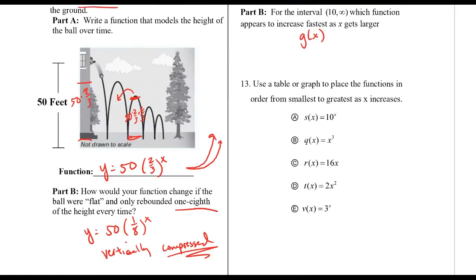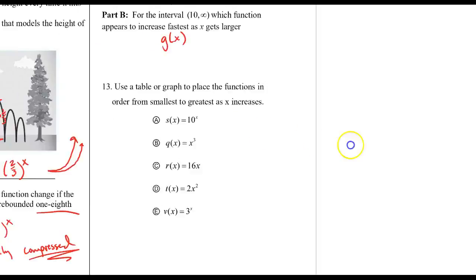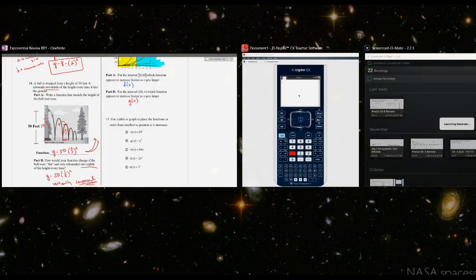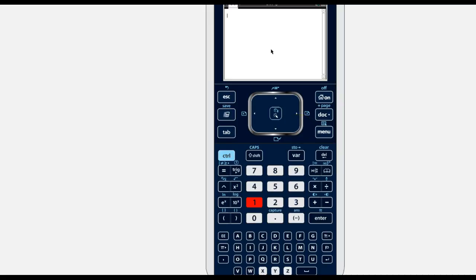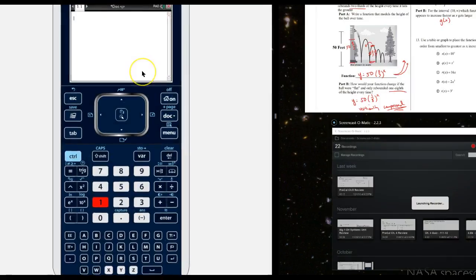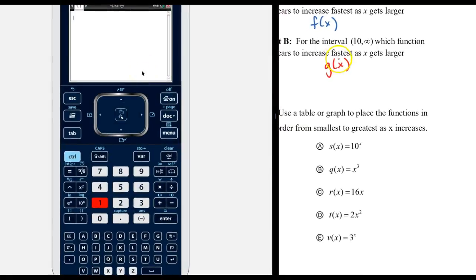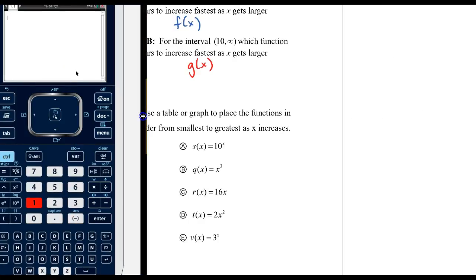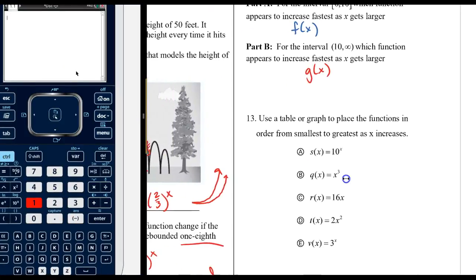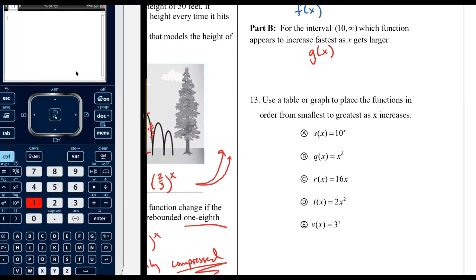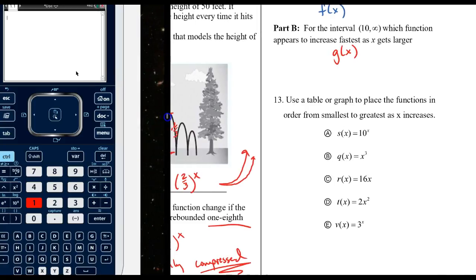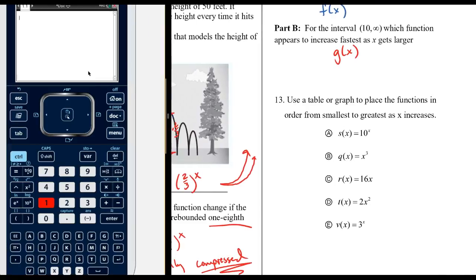13, use a table or graph to place the functions in order from smallest to greatest. So I'm going to pull out the calculator here so we can take a look at what's going on. All right, so I'm going to make a graph. I'm going to add a page to my graph.